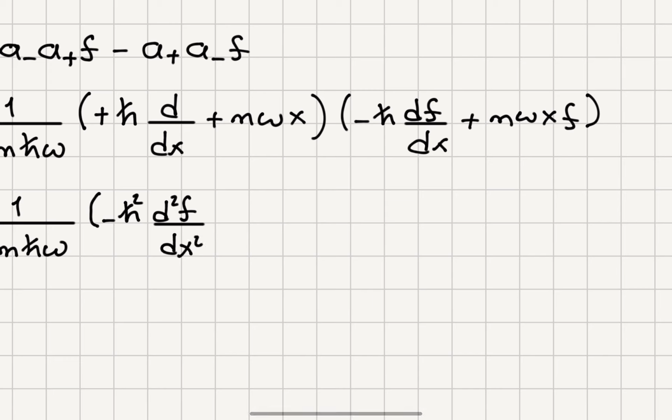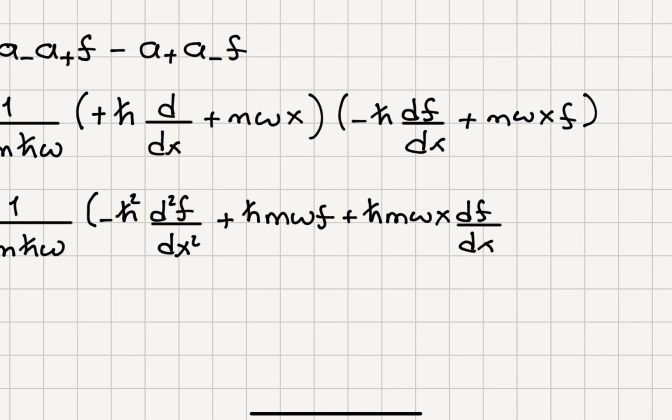Then we go to the next term: h bar d dx applied to m omega x f. The derivative applied to x gives m omega f times h bar, so plus h bar m omega f. And from the product rule, d dx applied to the other factor gives m omega x df dx, so plus h bar m omega x df dx.